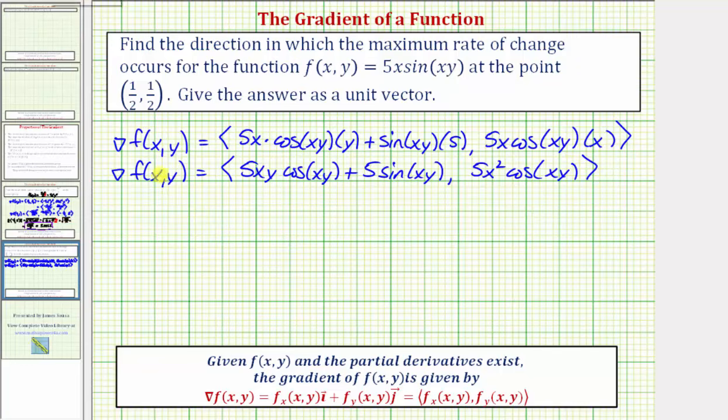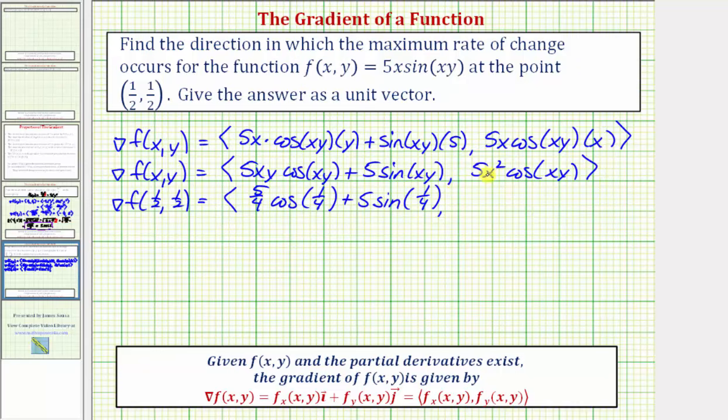And now we need to evaluate this at the point 1/2 comma 1/2. So we'll substitute 1/2 for x and 1/2 for y. So here we'd have 5 times 1/2 times 1/2, that's 5/4. Cosine of x times y would be 1/2 times 1/2, or 1/4, plus 5 times sine of x times y, again, is 1/2 times 1/2, or 1/4.